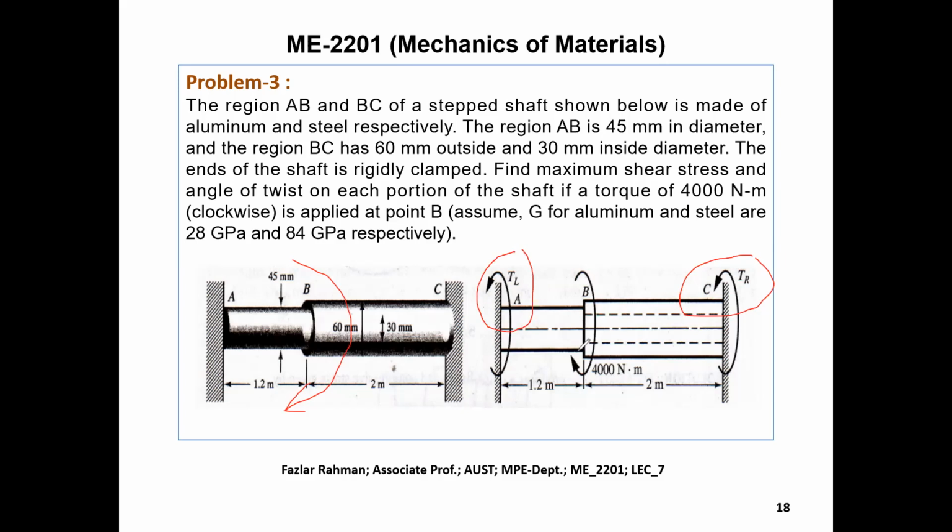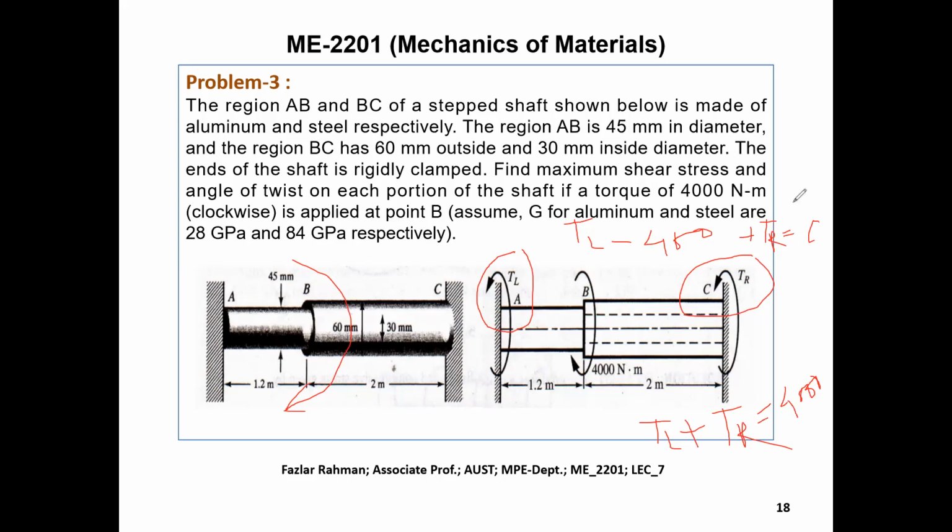Now you will have one equation, and you can say TL plus TR equals 4,000, right? The summation has to be the same. Or you can go another way: if you think anti-clockwise is positive, then TL minus 4,000 plus TR will be equal to 0.